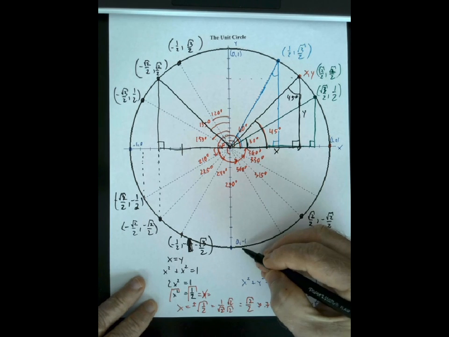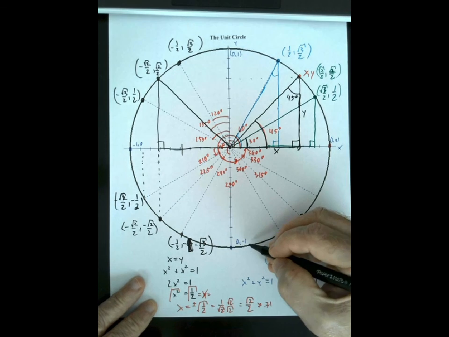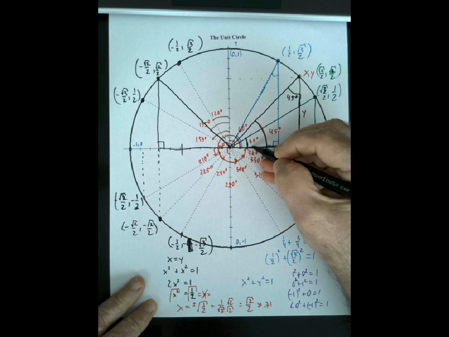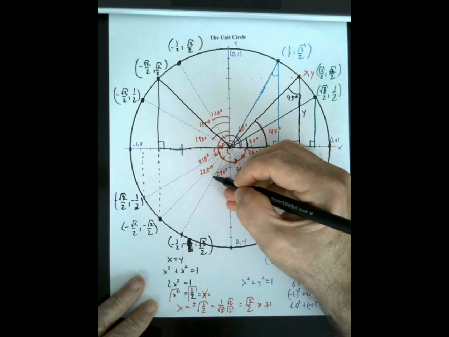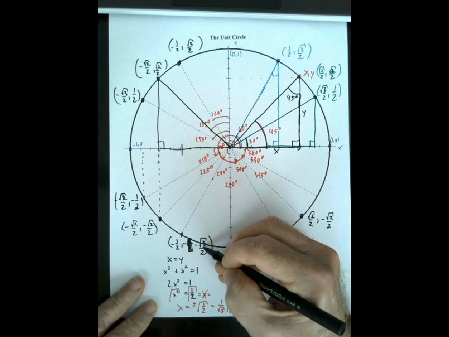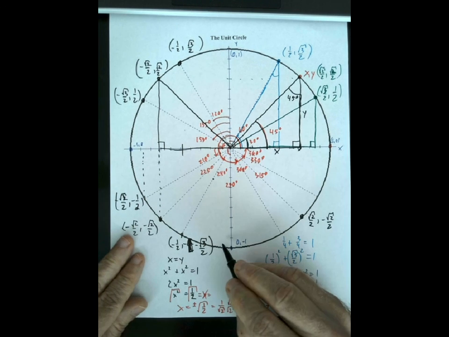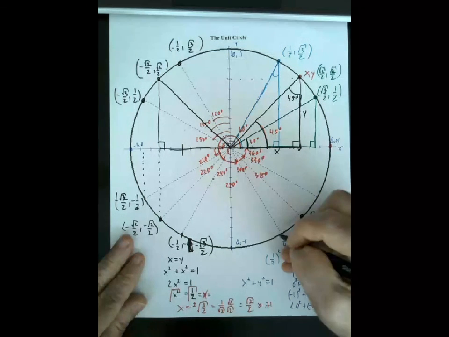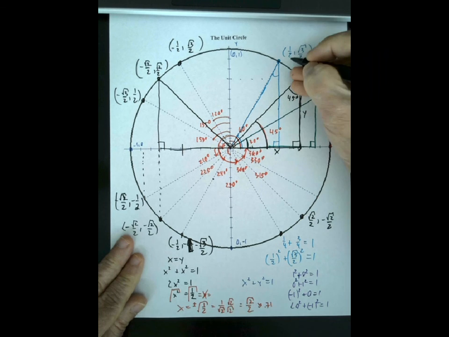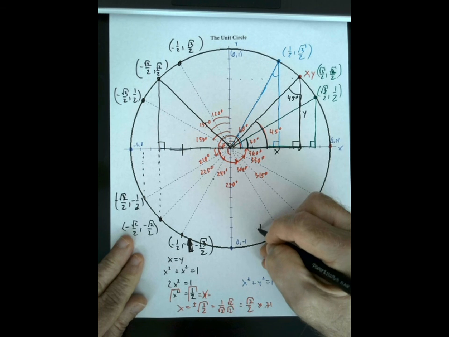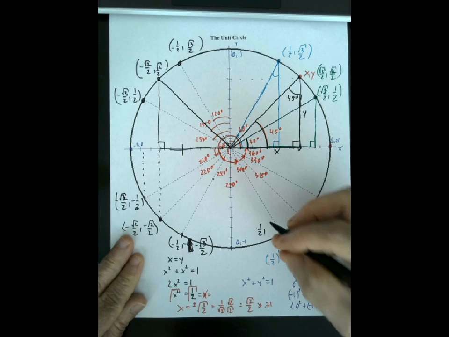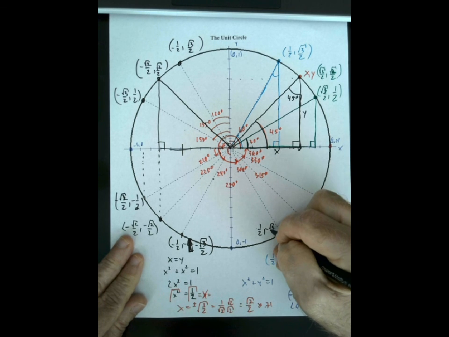This is 0, negative 1. So this point that's associated with this angle that goes all the way around to 240 here is negative 1/2, negative rad 3 over 2. This is 0, negative 1. This one right here is the same x distance as 60 degrees, so it's going to be 1/2, and it's going to be the same y distance but down, so it's negative rad 3 over 2.